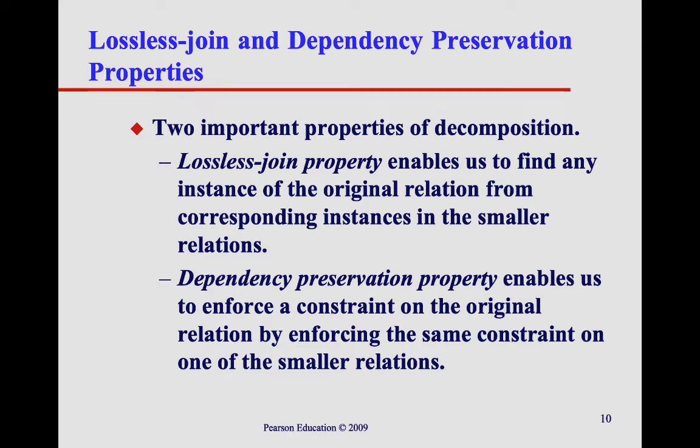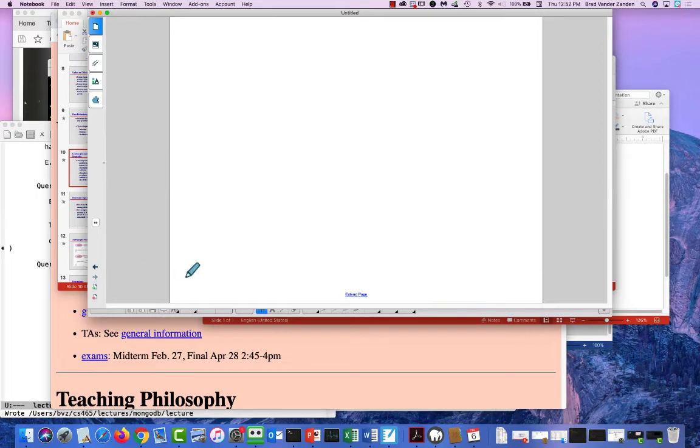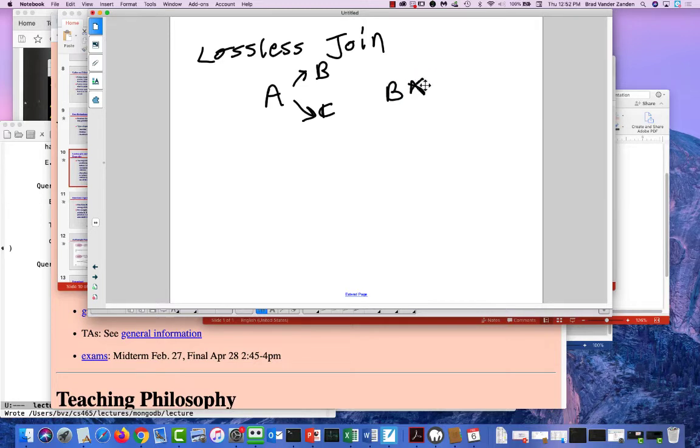It means that when we decompose a relation A into B and C, it must be the case that B joined with C is equal to A. That's the lossless join property.